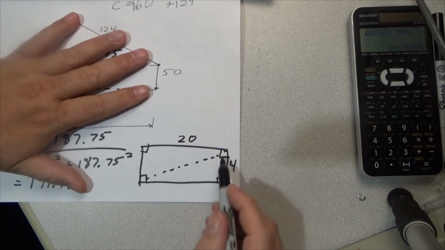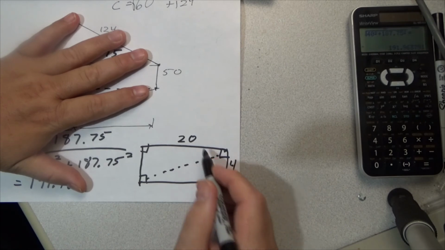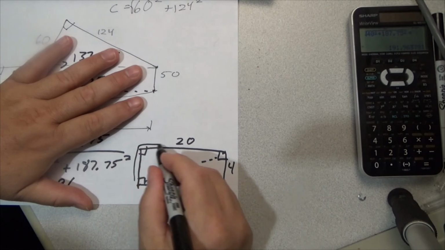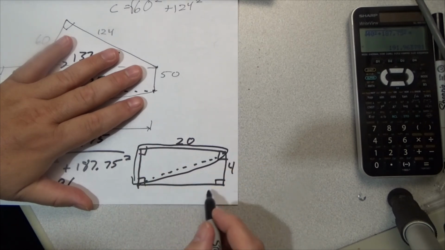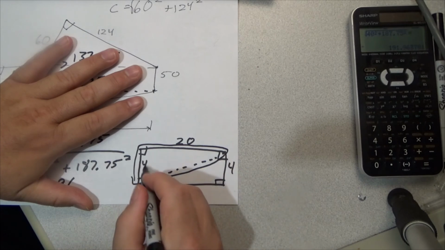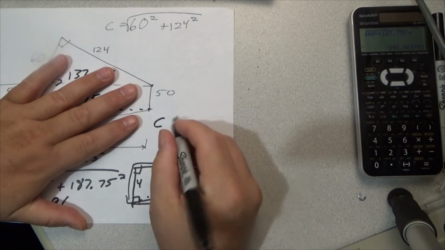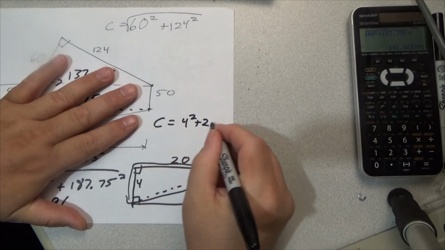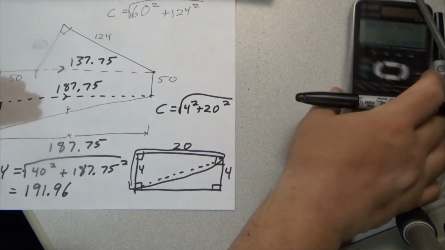So how do you find that distance from there to there? Well, let's take a look at this right triangle right here. This side is 4, so you would just say c is equal to the square root of 4 squared plus 20 squared.